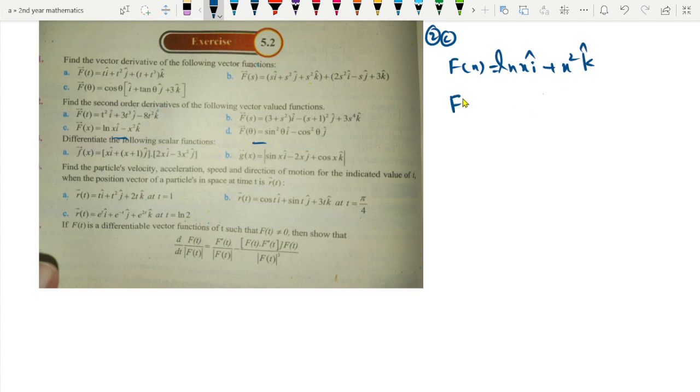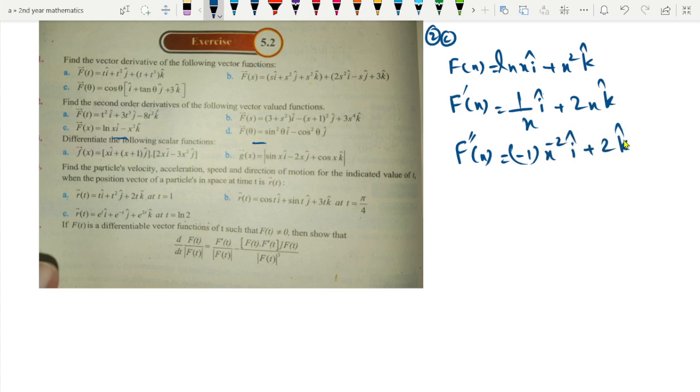By taking the first derivative, f prime of x is equal to 1 over x i plus 2x k. Now by taking the second derivative, f double prime of x is equal to minus 1 into x to the power minus 2 i plus 2k, and this will become minus 1 divided by x square i plus 2k. So this is our final answer.